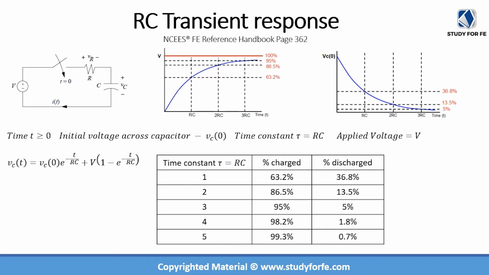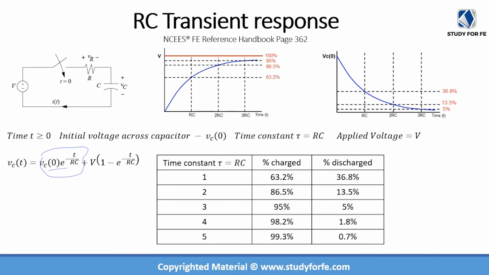Now, how about the discharge of the capacitor? The first portion actually represents how the capacitor discharges, and it is also an exponential. It is equal to the initial voltage across the capacitor times e raised to power minus T divided by RC.